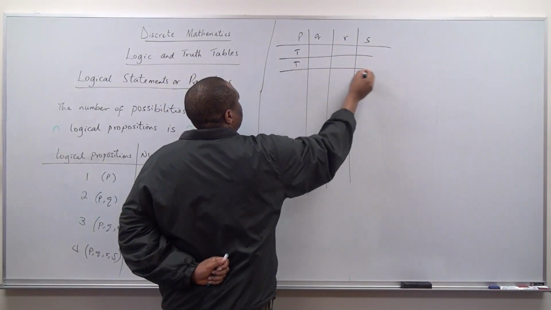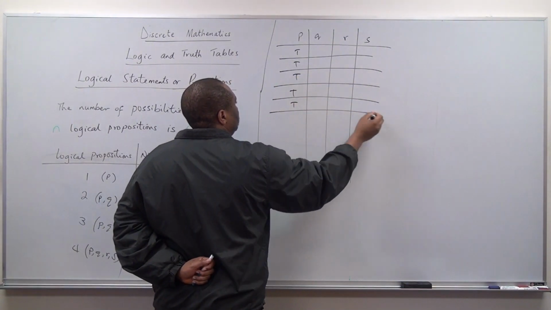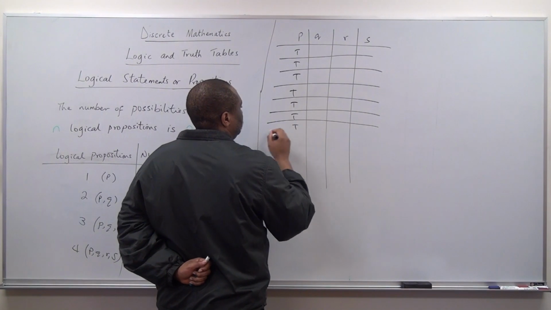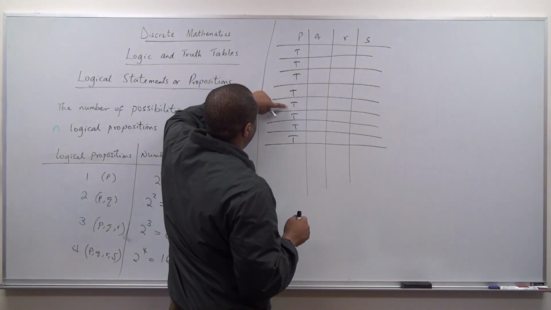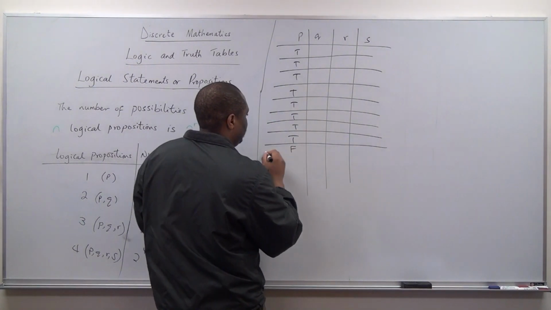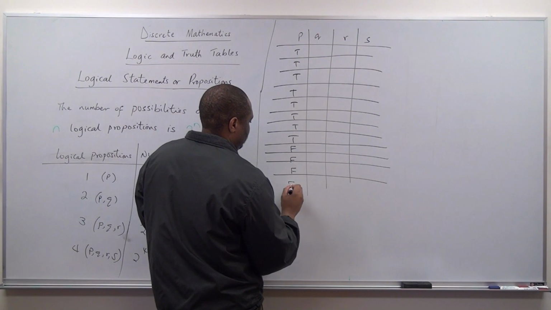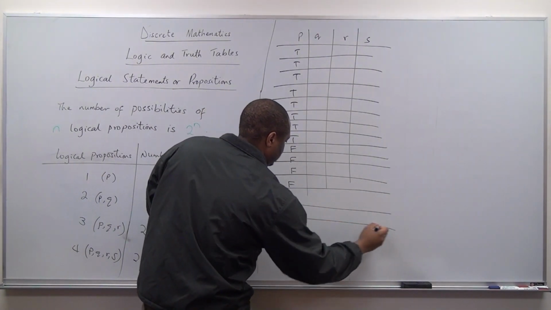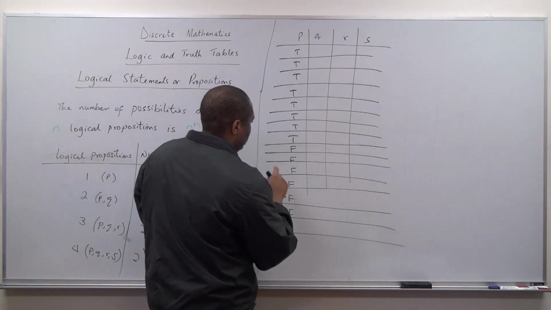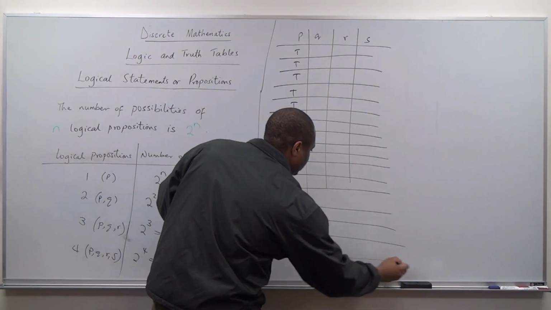True, true, true, true, true, true, true, true, 1 to 8. Then we have false, false, false, false, false, false, false, false.